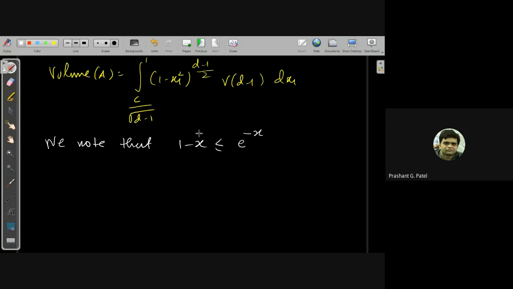And integrate to infinity. This integration I am changing from c by square root of d minus 1 to 1, I'm changing to infinity. So if I use this, we note this and we'll use this in this expression here.